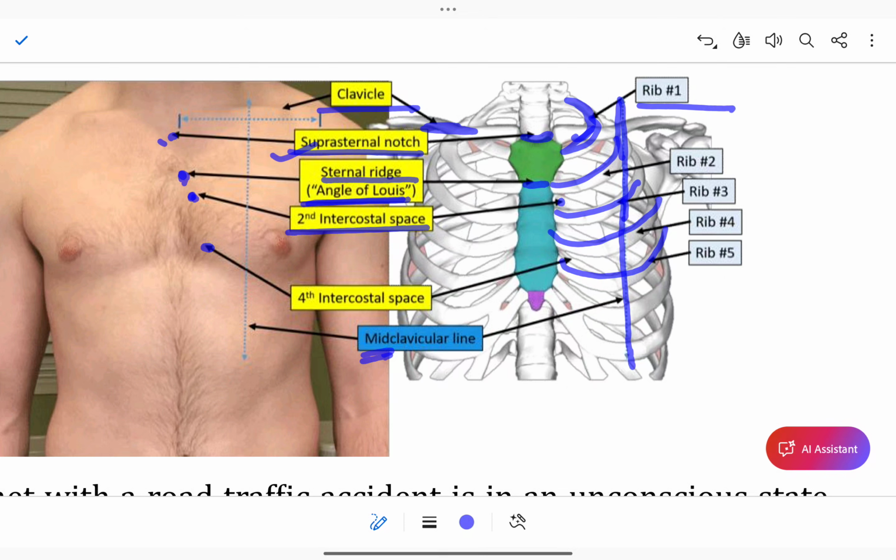And this part, here, is the fourth intercostal space. This is the mid-clavicular line.